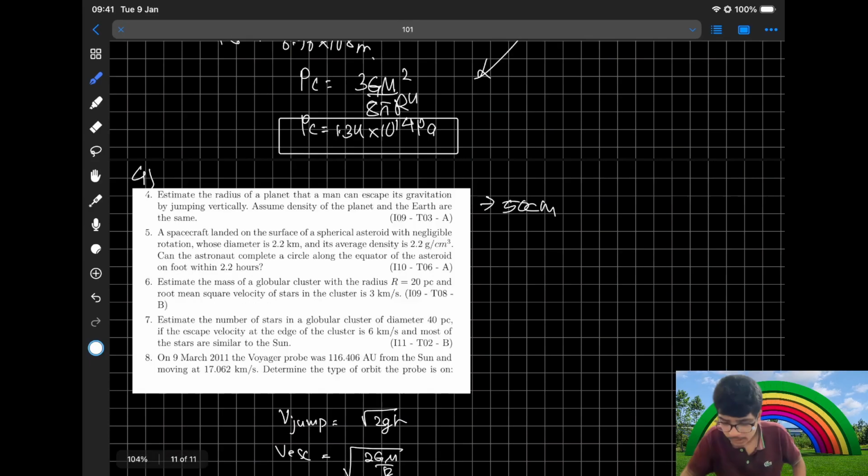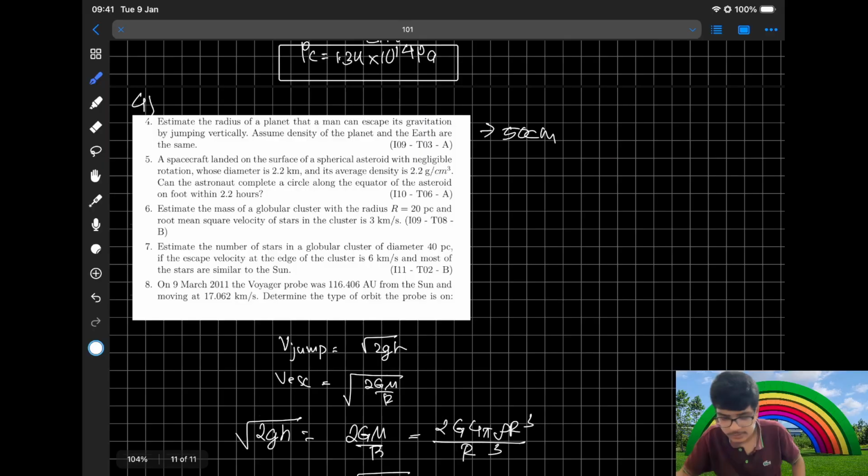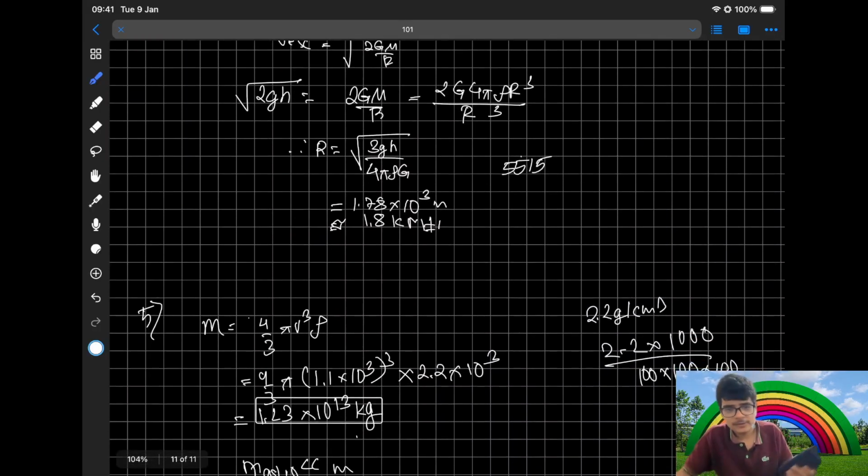Now what we are asked is, can the astronaut complete a circle along the equator? If the velocity of the astronaut is greater than the critical velocity, then he will start orbiting the satellite, which means he will not be able to walk on it.